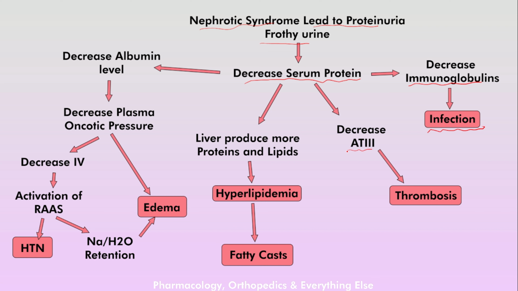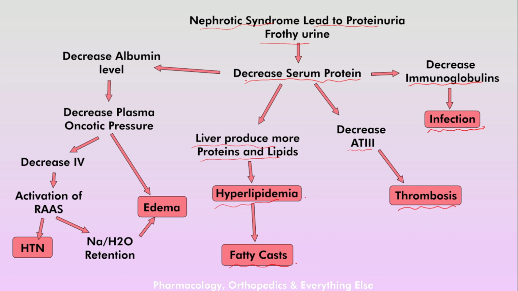So when its level decreases, this would lead to increased susceptibility to coagulation, which is also thrombosis. So in response to the protein lost in urine, the liver would react by producing more proteins and lipids. And this would lead to hyperlipidemia and fatty casts in urine. So the nephrotic syndrome patient would have hyperlipidemia, fatty casts, thrombosis, and infection.